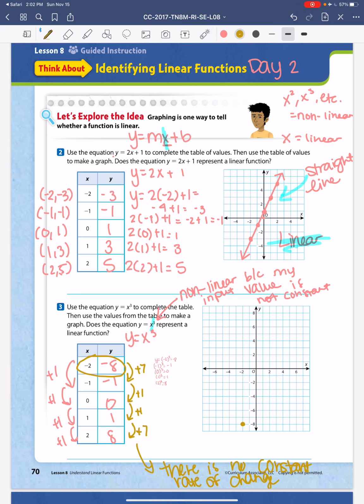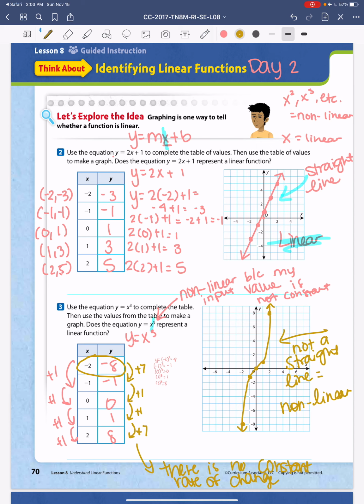I have negative 1 comma negative 1, 0 comma 0, 1 comma 1, and 2 comma 8. So this is what this one's looking like. That is clearly not a straight line. So not a straight line, and that means it's non-linear.